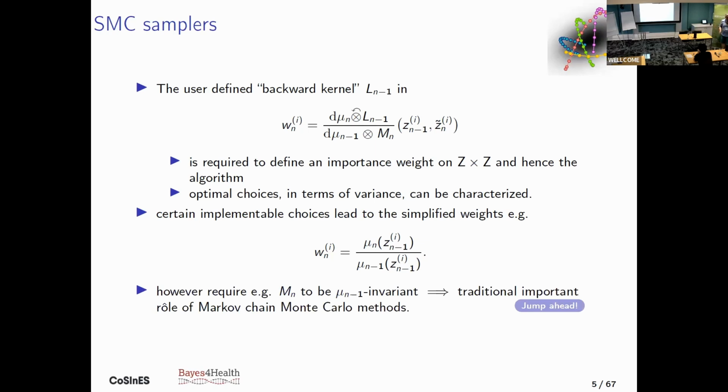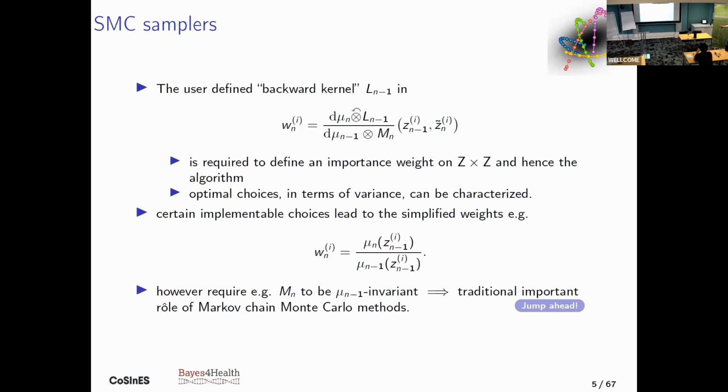But one thing to remember is that for this type of scenario, typically you need to assume that Mn, the mutation kernel, leaves mu n minus 1 invariant. There are other versions of this story where you leave mu n invariant, but I'm going to focus on this scenario.